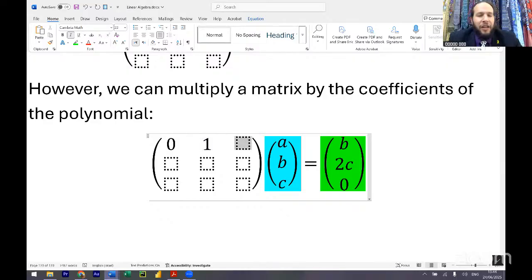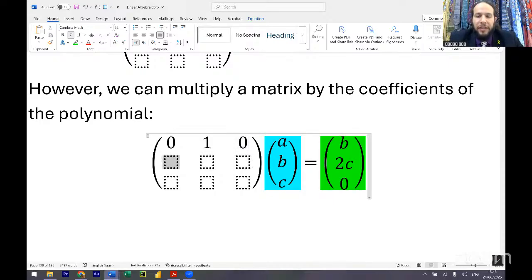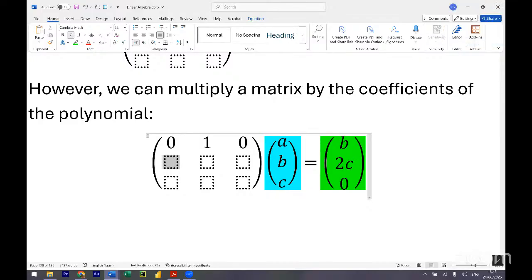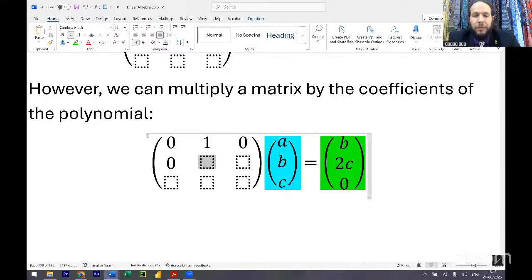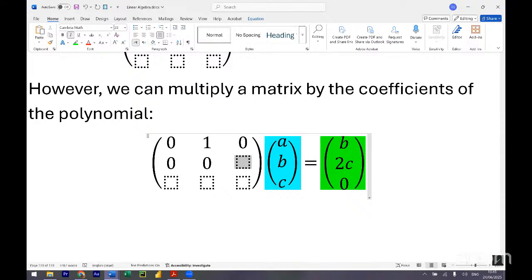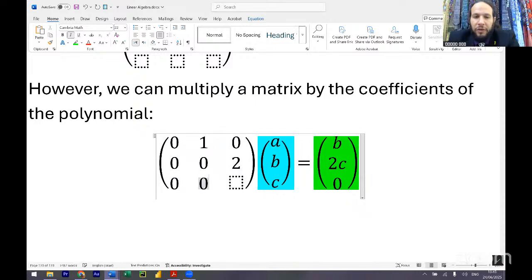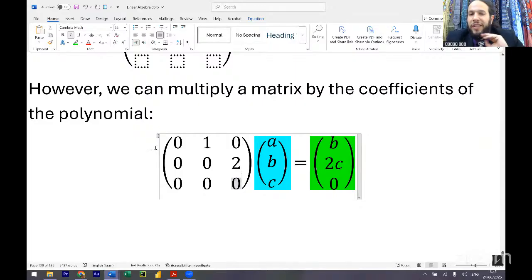Great. And that scalar here? 0. Great. Here, what is the scalar? 0. And that one? Also 0. And the third one? 2. And the last row is just 0, 0, 0. So that is the matrix.